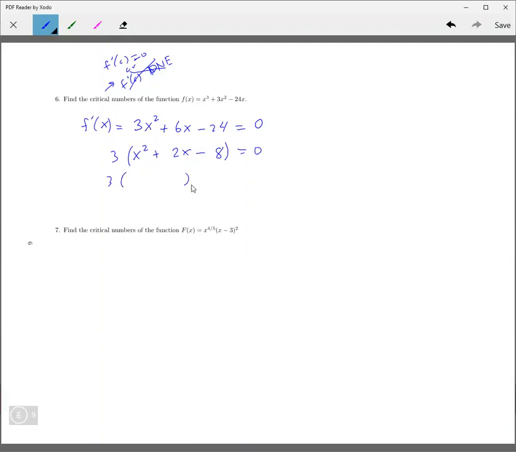Okay, and then this right here factors, I believe. Yeah, this will factor into plus 4 and minus 2. This one gives you negative 4, and this gives you 2. Okay, so negative 4 and 2 are going to be the critical numbers.